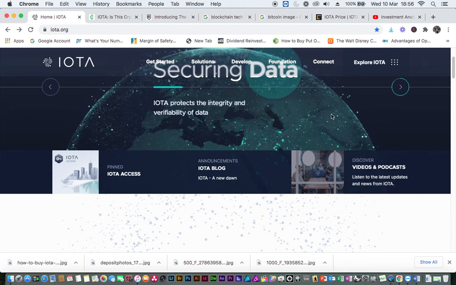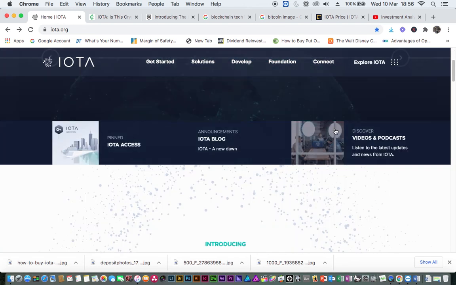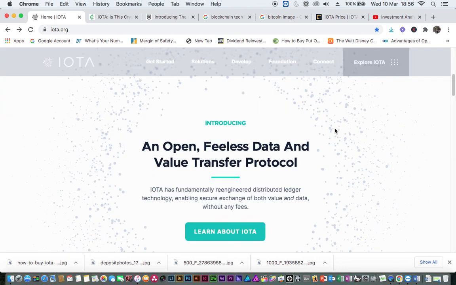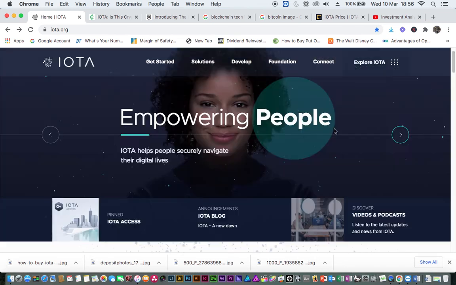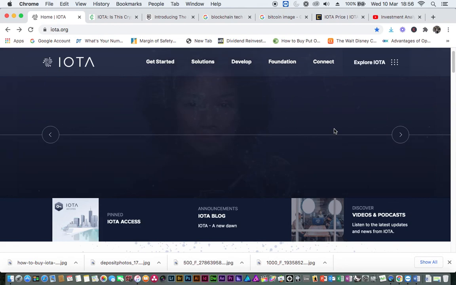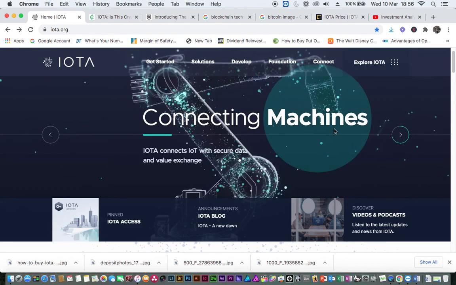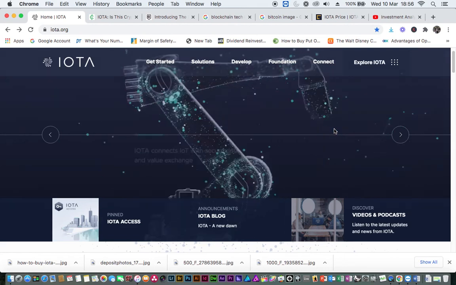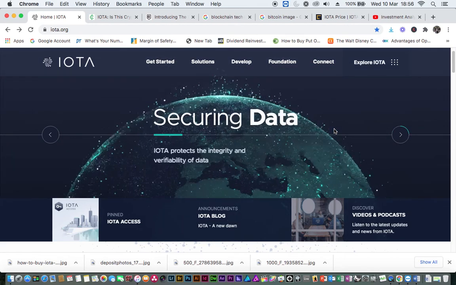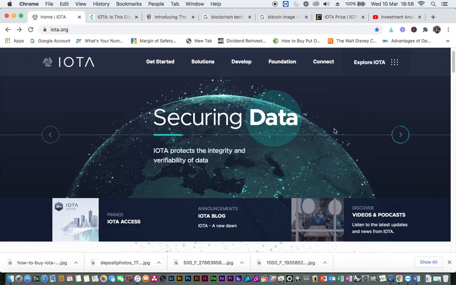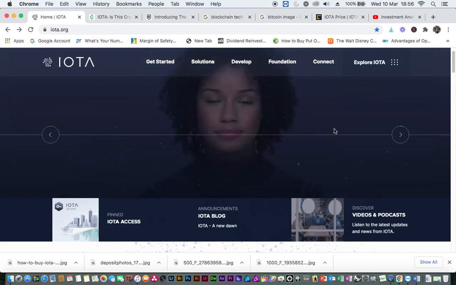So, in summary, with IOTA, you will have free transactions, unlimited scaling, can process any data, not just financial transactions, hopes to achieve instant transactions, no IOTA mining, everyone contributes, and then quantum resistant.